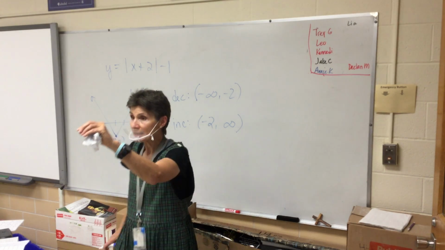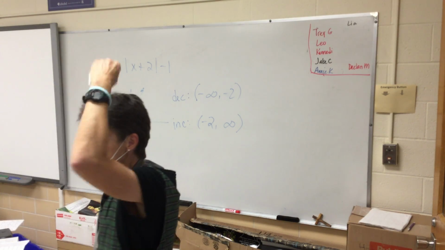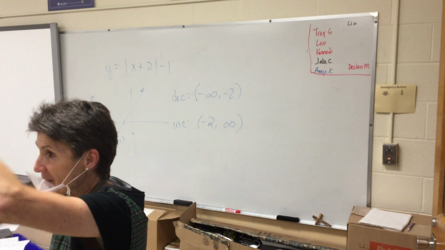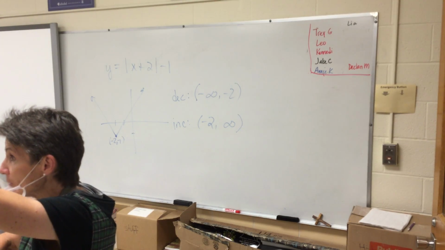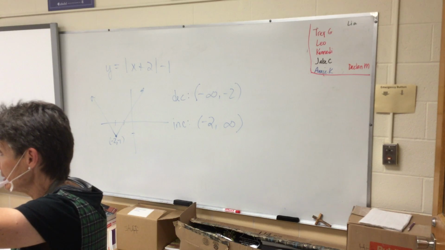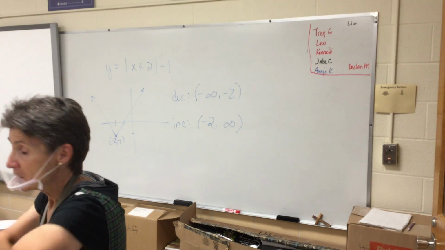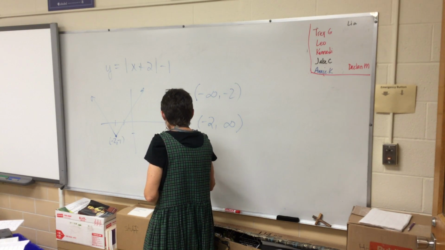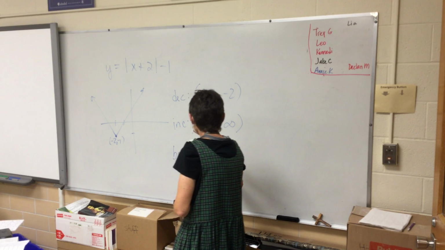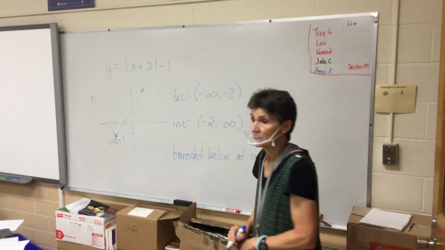Now, when I'm talking about bounded, Reed and everybody else, bounded is ceiling and floor. That's a vertical thing. So what am I looking at in terms of variables if I'm talking about bounded? Y, because bounded is vertical. So this one is bounded below at y equals -1.